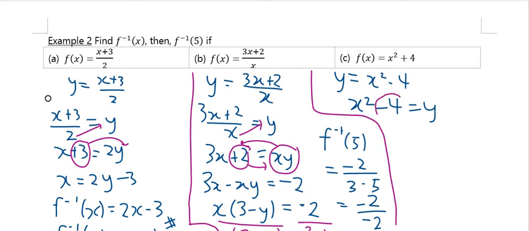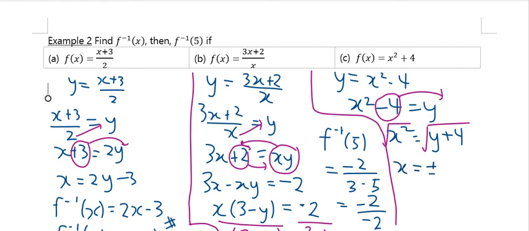Now I will move negative 4 to the other side to get x squared equals y plus 4, and here you have x squared. So when you want to find x, you have to apply square root on both sides. I will make sure that before the square root you have a plus minus, square root of y plus 4.